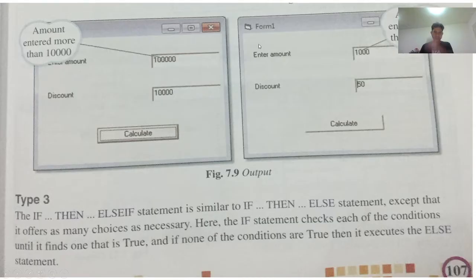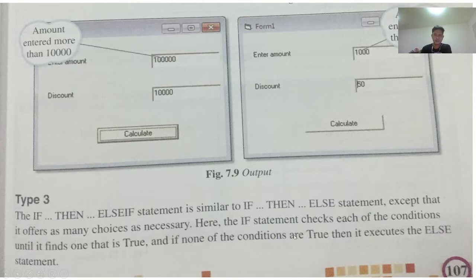Okay, in this lesson, I will teach you how you can apply the type 3 if then else if statements in Visual Basic. The if then else if is similar to the if then else statement, except that it offers as many choices as necessary.